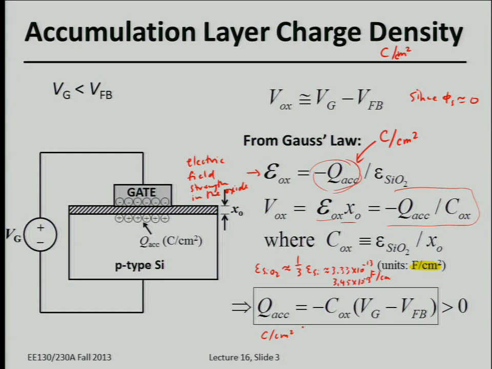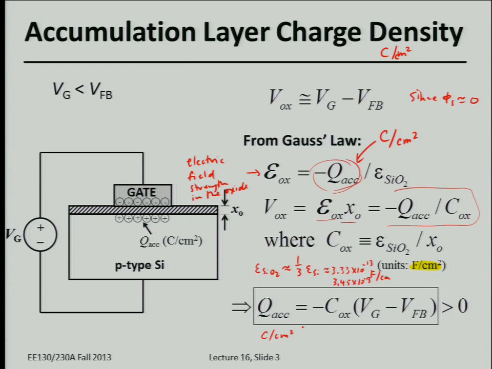So the total amount of accumulation charge in the silicon is going to be equal to the capacitance of the dielectric times some voltage, but it's the voltage beyond the flat band voltage, right? Because at flat band, you have no band bending, you have no charge stored in the semiconductor. Okay, was there a question?